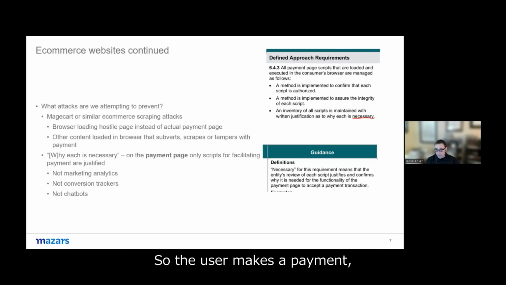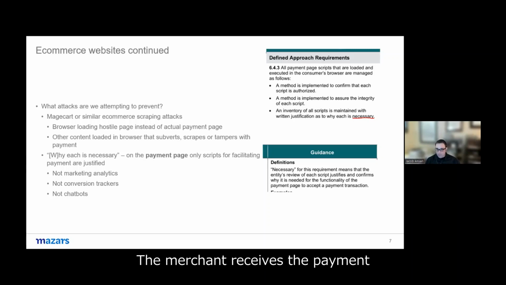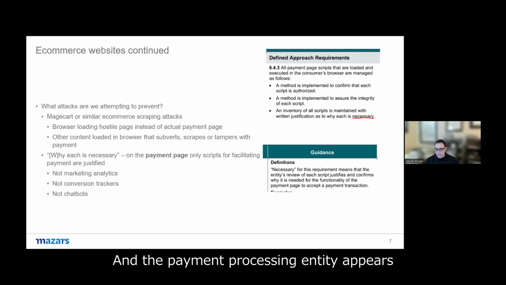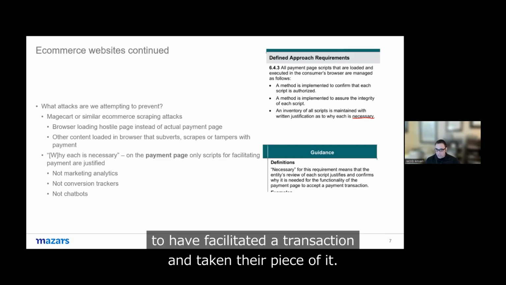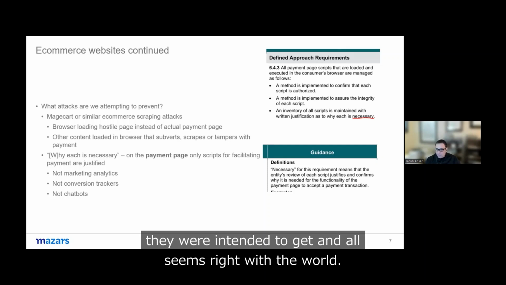So the user makes a payment, gets charged for the thing, and then receives their purchase. The merchant receives the payment for the good or the service that they have provided, and the payment processing entity appears to have facilitated a transaction and taken their piece of it. And so everybody looks like they got what they were intended to get, and all seems right with the world.